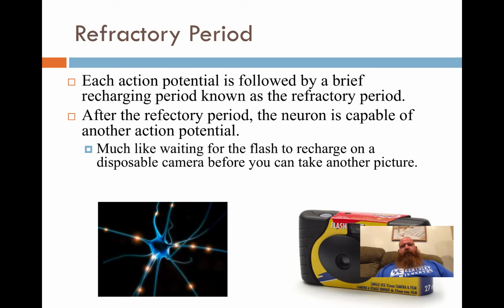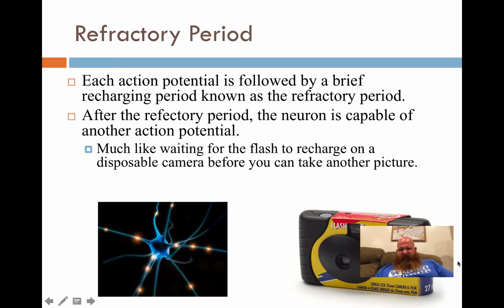After the cell fires, there is a period known as a refractory period. Essentially, that is the cell recharging itself. Since we all have cell phones now that have cameras on them, most of y'all have probably never used a disposable camera. When you bought one, in order to use the flash, you had to charge it.